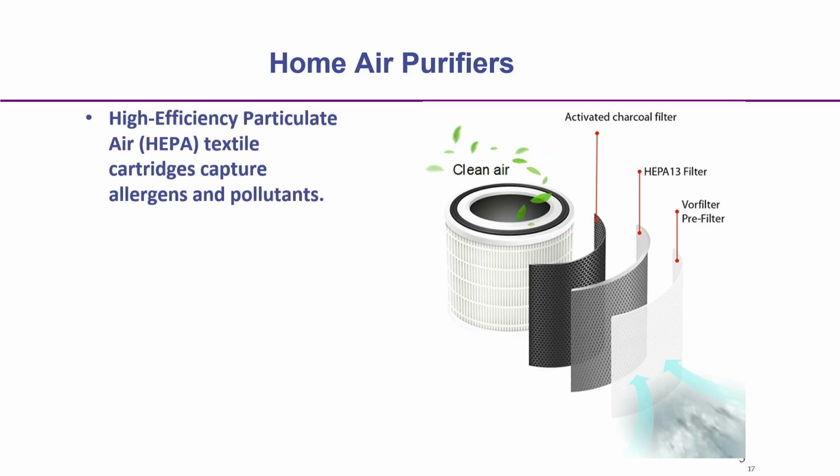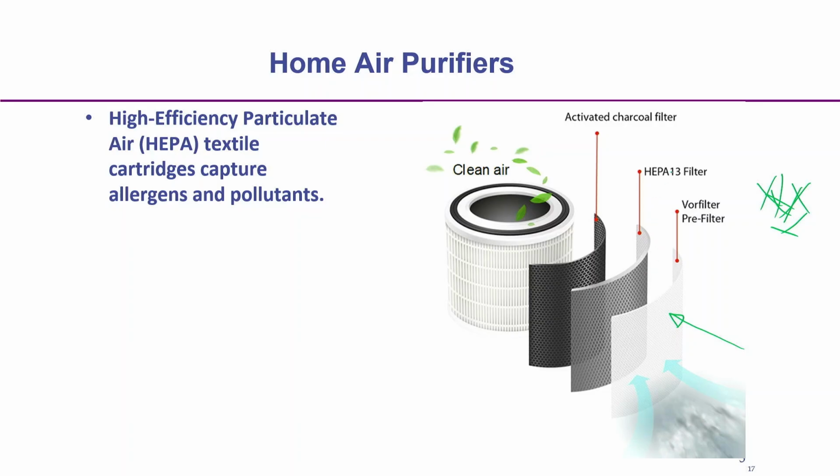Where we can see the first is the pre-filter, the coarse filter. So, an open structure textile material is there, and then the next layer will be the HEPA filter, the high efficiency particulate air filter.